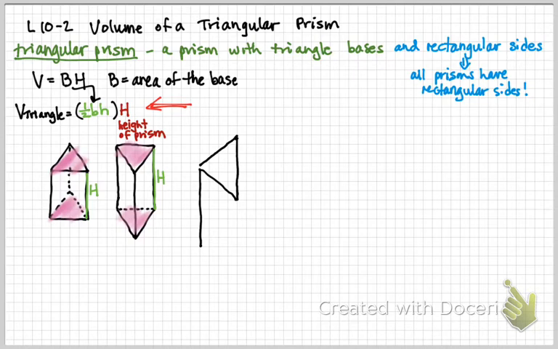So we've got 1, 2, 3, 4, 5, 6, 7, 8. And then the other side is kind of caught up in this picture, and it's actually kind of here. And then we've got, let's see.